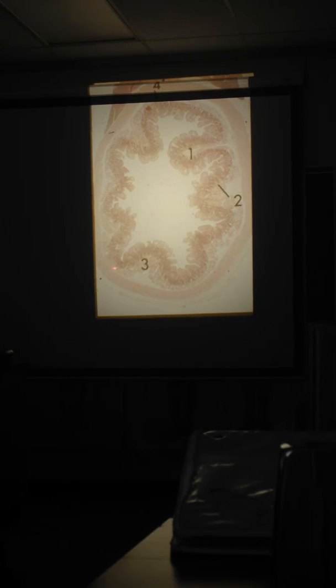And then the hills, plicae, the pleats. The prime concern is that you don't call this a villus, a villi. These are the villi. This is a plicae, a fold in the wall of the small bowel, running circularly around the lumen.